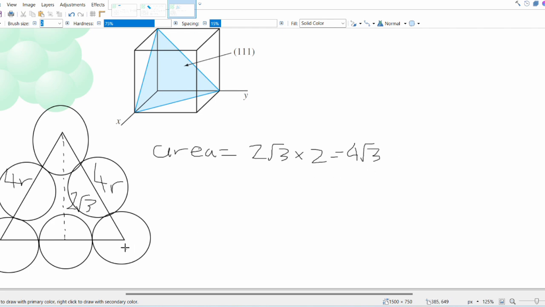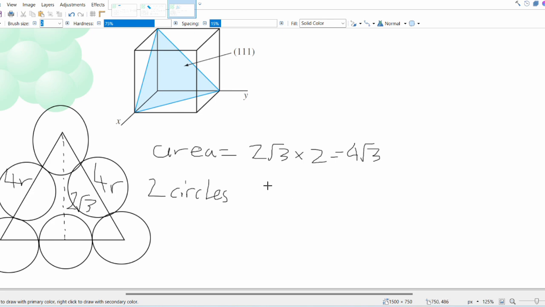Now, as you can see, there are 3 halves inside the triangle, plus 3 sixths inside the triangle, which is equal to a half. So there's a total of 2 circles in the triangle.